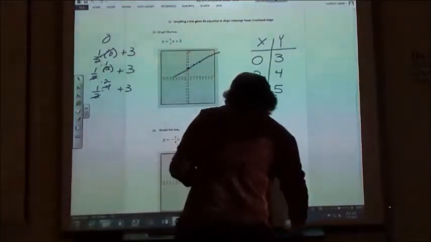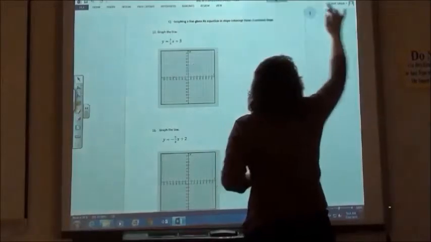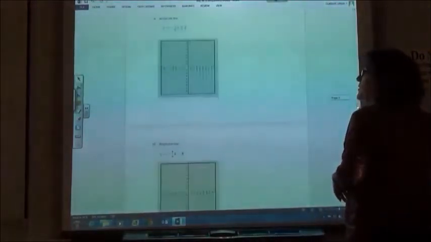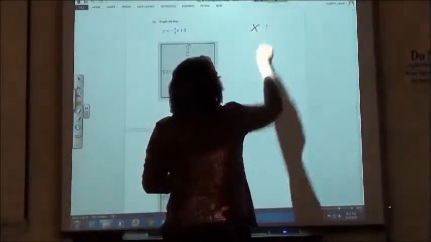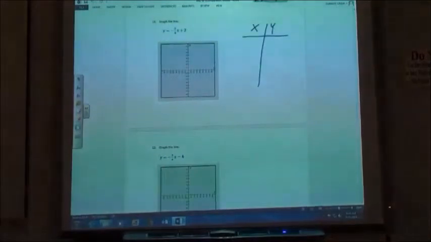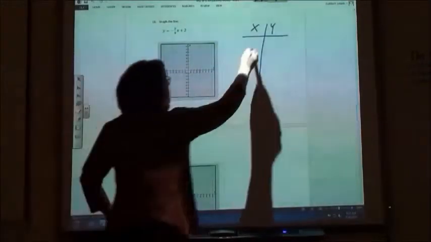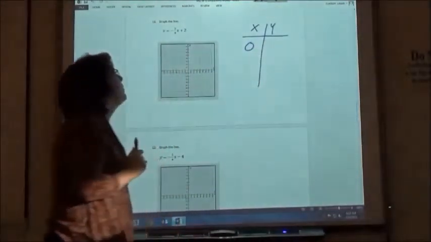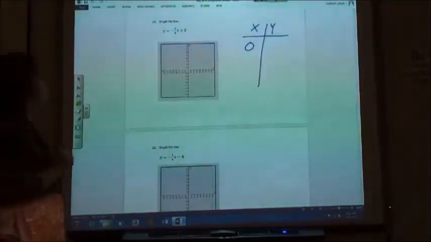All right, let me move the board up. Number 11 then. If I'm going to make my table, what numbers would be good to put in my table for x? 0, and 6 and 9.